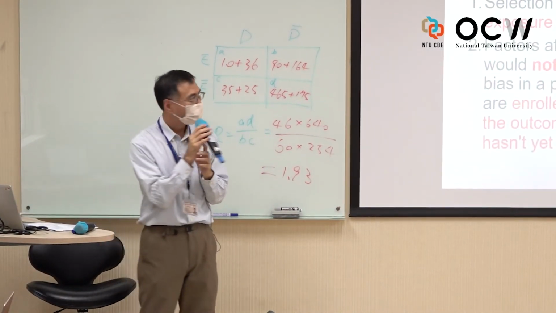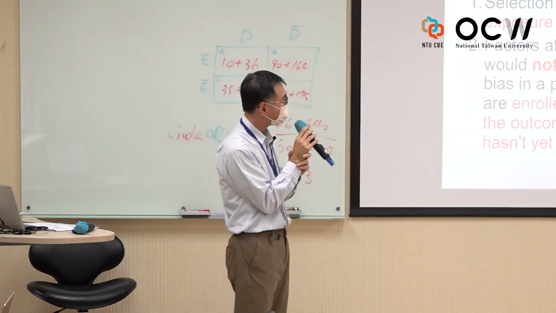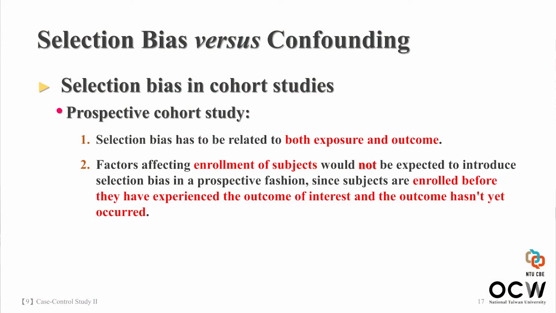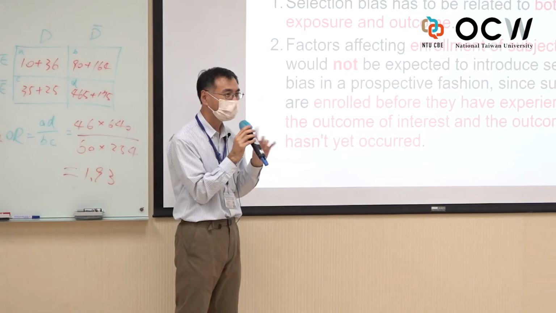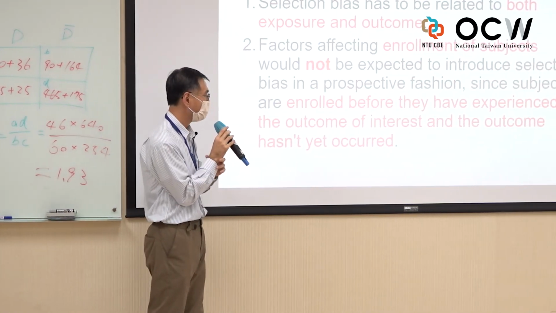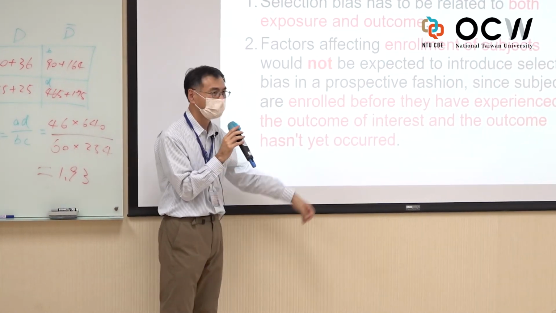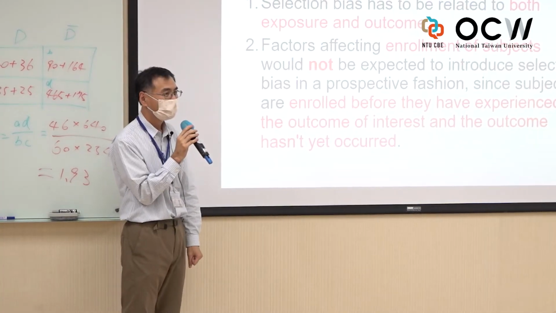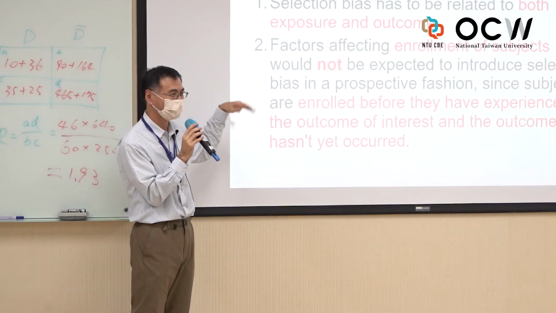And the factors affecting the enrollment of subjects would not be expected to introduce selection bias in a prospective fashion. Why? Since the study subjects are enrolled before they have experienced the outcome of interest, they could not be selected in that way. The outcome hasn't yet occurred, okay? But don't worry too much. This is a little bit advanced.